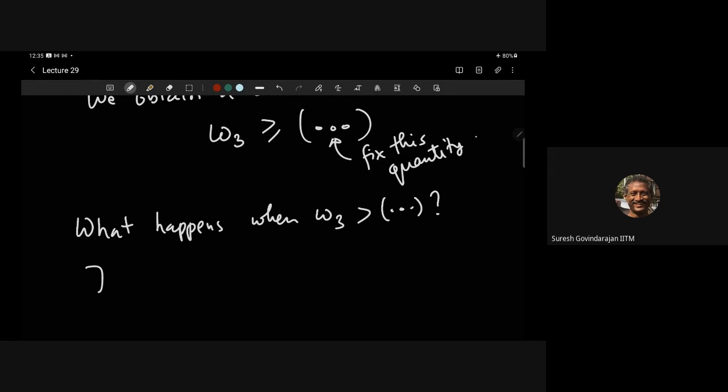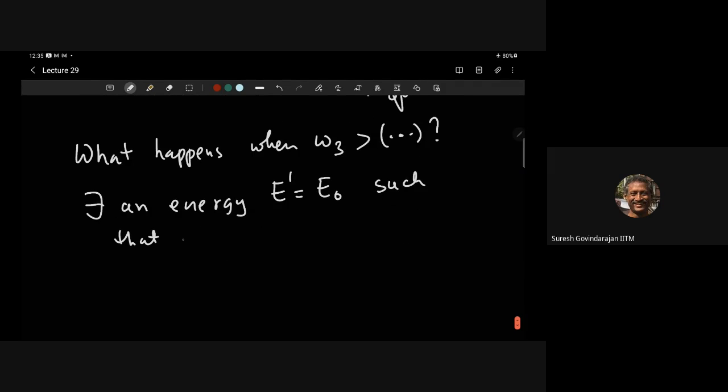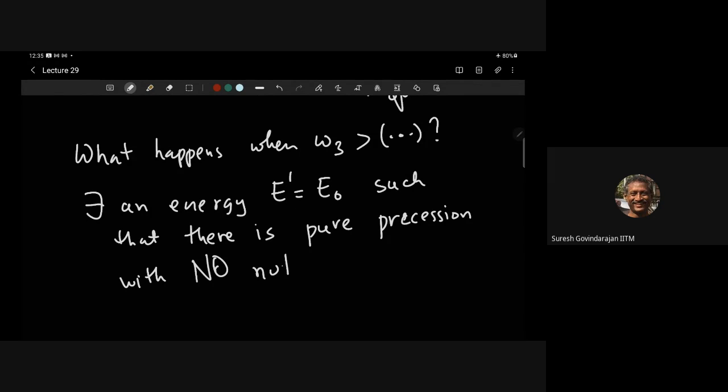That means there exists an energy E prime equal to E naught such that nutation does not occur. There is pure precession with no nutation. Why no nutation?